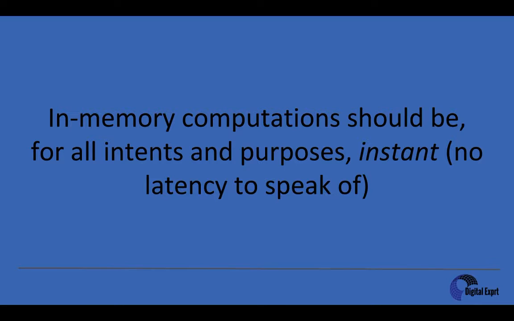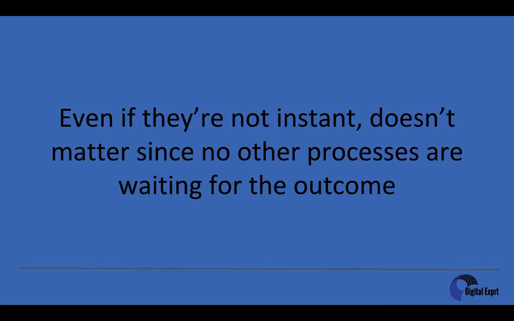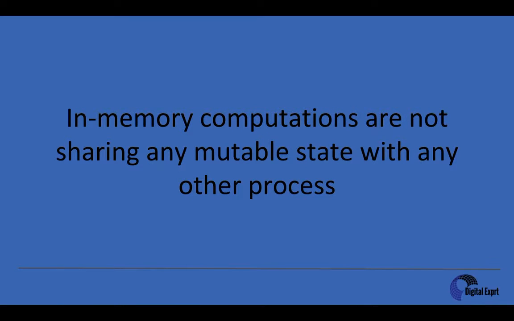There shouldn't be any latency to speak of, because the CPU is very fast and accessing memory is very fast as well. And even if they happen to not be instant, it doesn't matter, because no other processes are waiting for the outcome. There's no sharing. So we are pretty safe in that environment. If we're doing in-memory computations, we are not sharing any mutable state with any other process. So we are very isolated and safely snuggled away in our little sandbox.